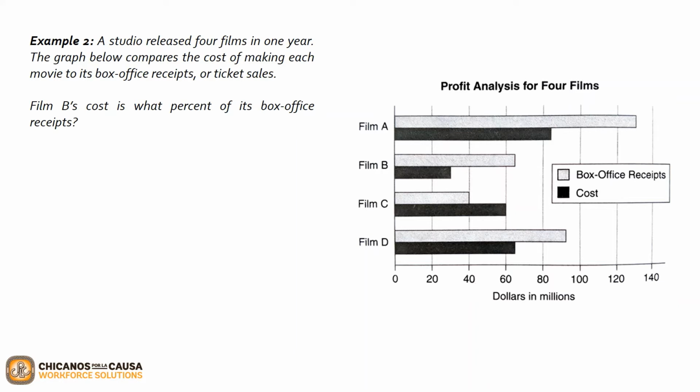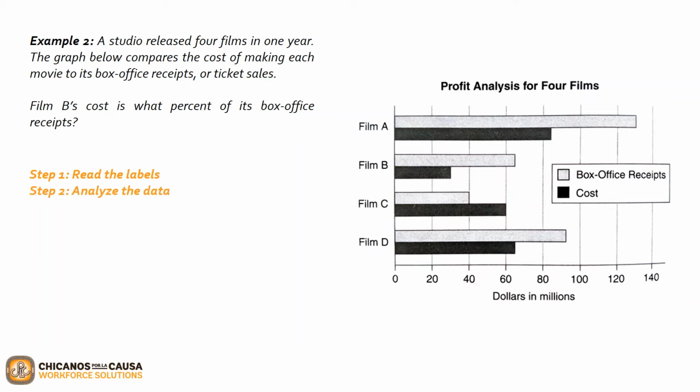So again, let's follow our designated steps. We have step 1, read the labels. In this particular graph, the horizontal axis, or the x-axis, has dollars in millions, so that's going to be our scale. While the y-axis has all of the different films listed from film A to film D. Step 2, analyze the data.